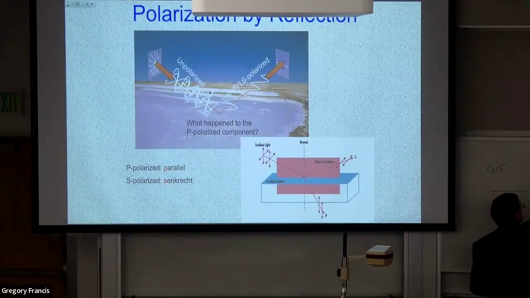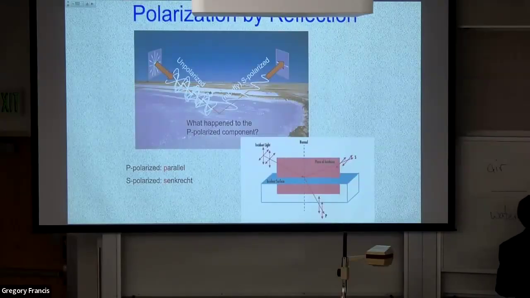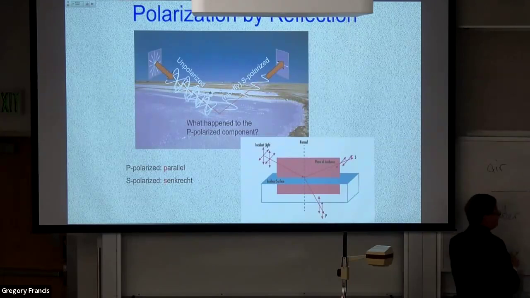If I come in at the Brewster angle, then the light is going to reflect off at the Brewster angle. And then it's going to refract or bend towards the normal, okay?